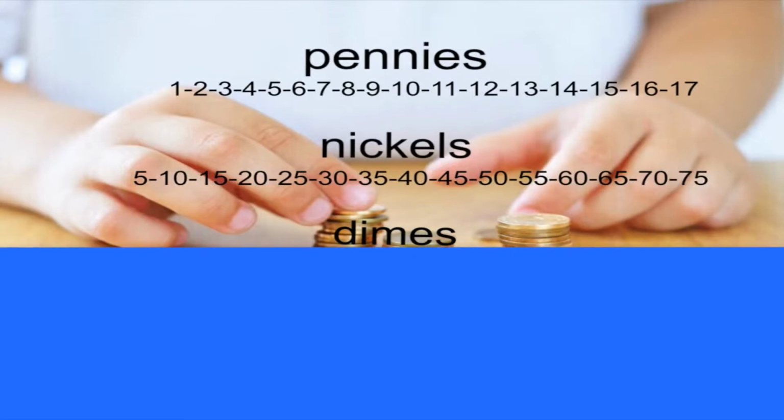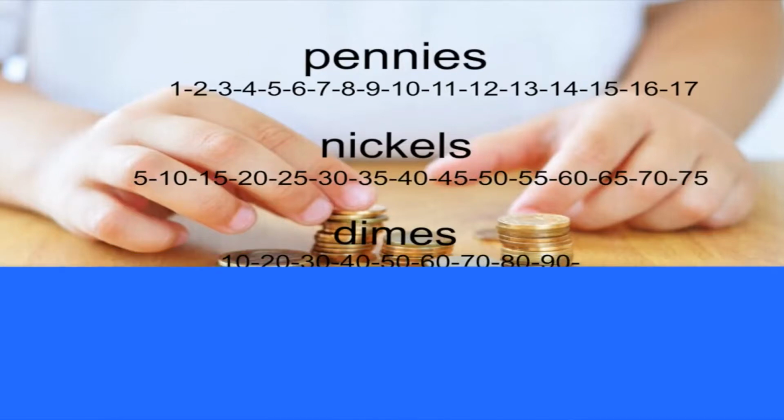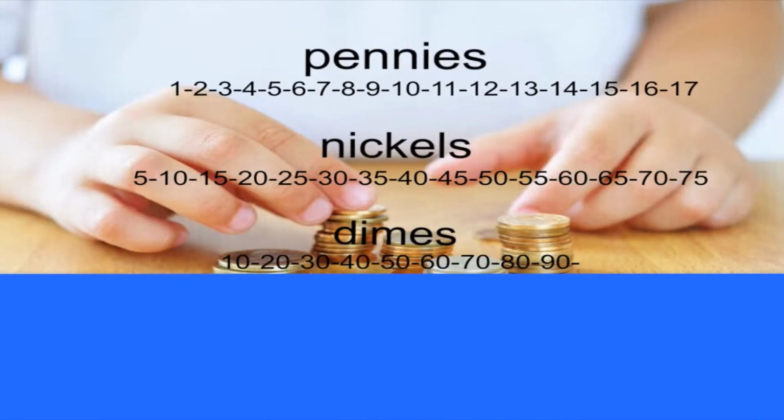Next up, we have the dimes. Dimes are 10 cents, and you count these by tens. So you count 10, 20, 30, 40, 50, 60, 70, 80, 90. And then you don't go to 100, you go to $1.